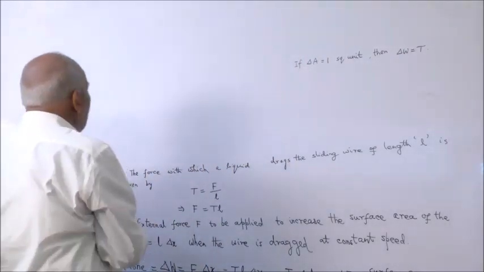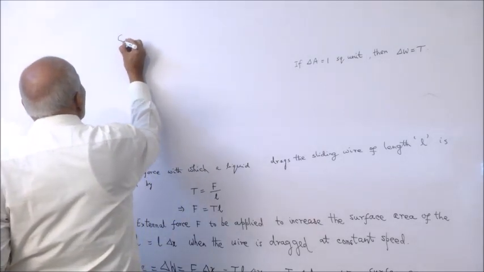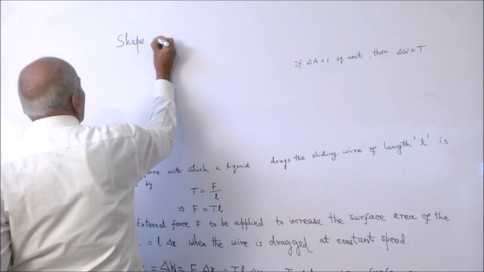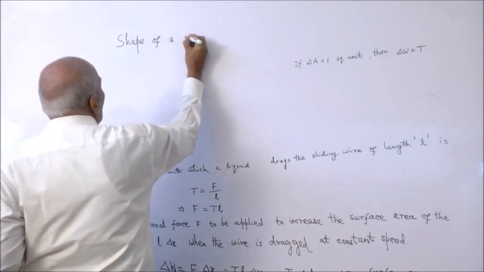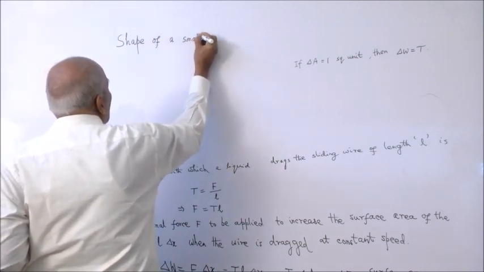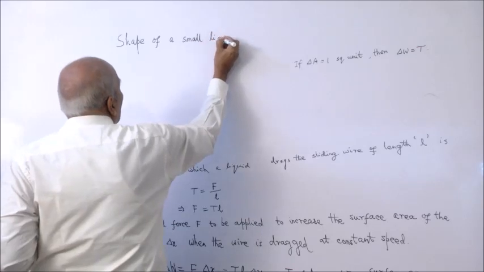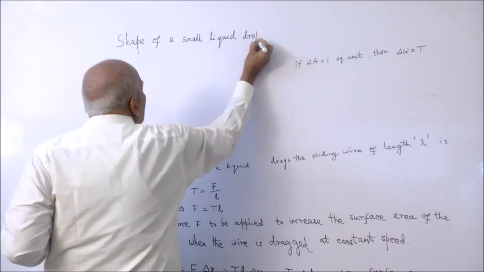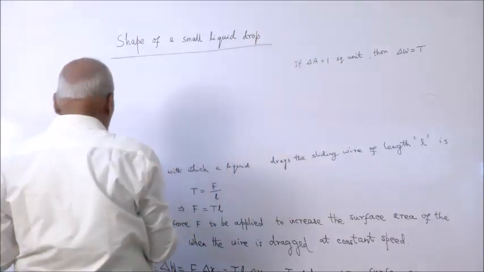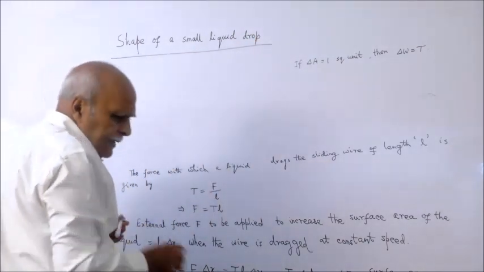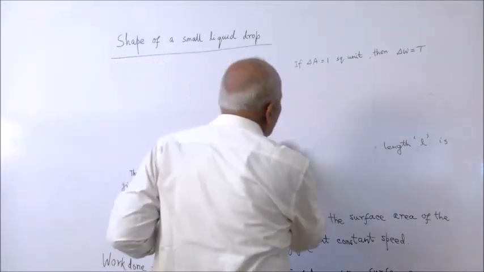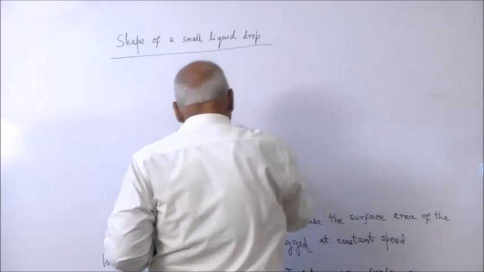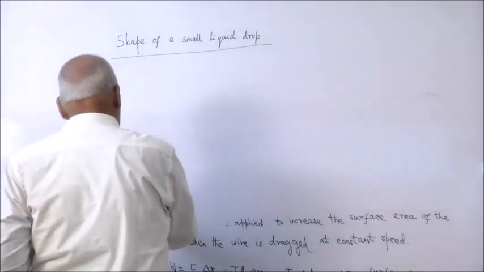Then we come to the shape of a small liquid drop. It is experimentally seen that small drops of any liquid are spherical.